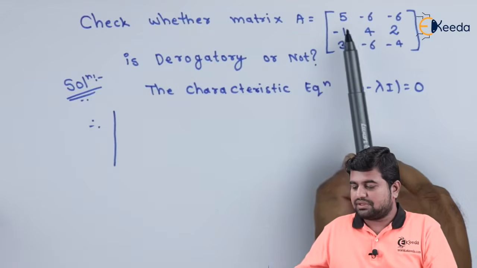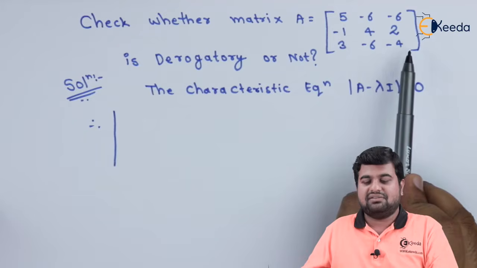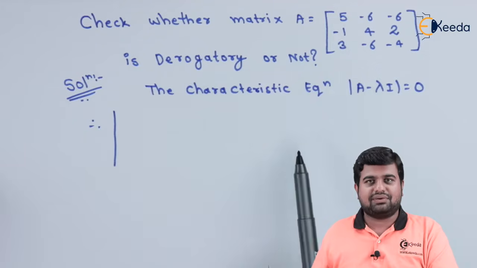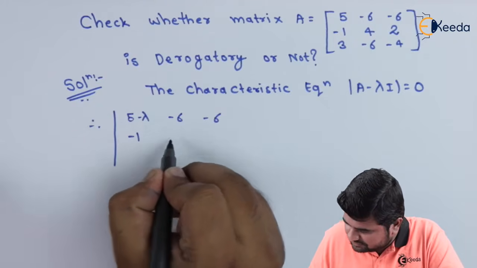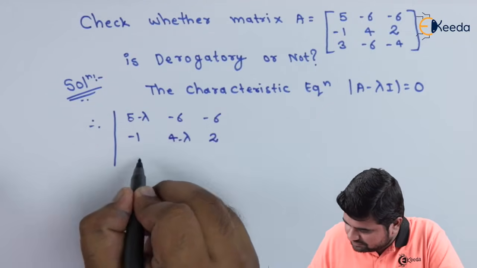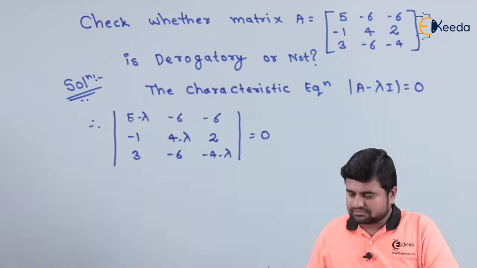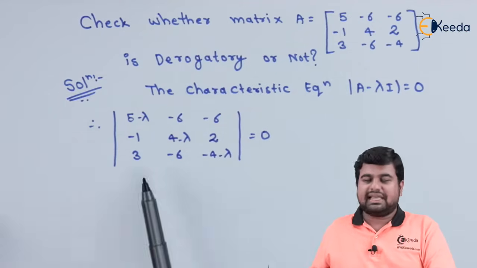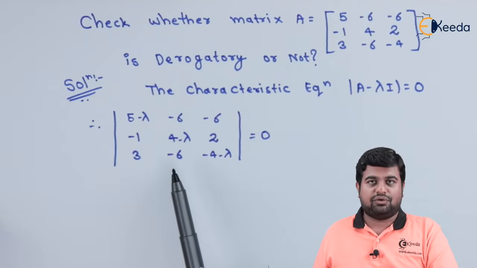Therefore, I am going to subtract lambda from each and every diagonal element, calculate the determinant and equate it to 0. So instead of calculating this determinant by the regular method, we have got a formula for the same.